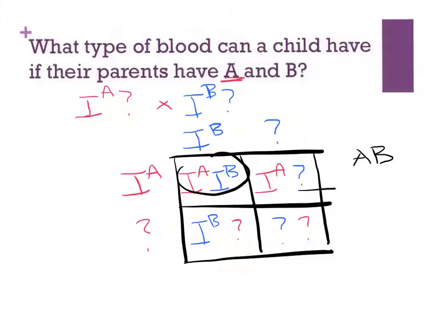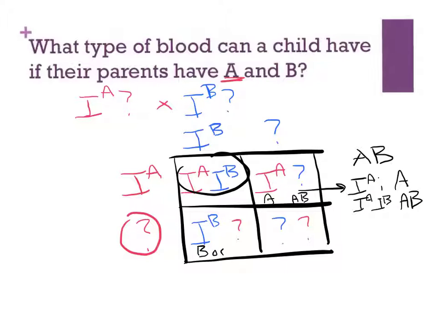This box could either be IAi, which would be type A blood, or it could be IAIB, which would be type AB blood. So we don't know for sure. So it could be A or AB. Likewise, over here, if this red is a little i, you could have type B blood, or if it happens to be another A, you could have AB blood as well.